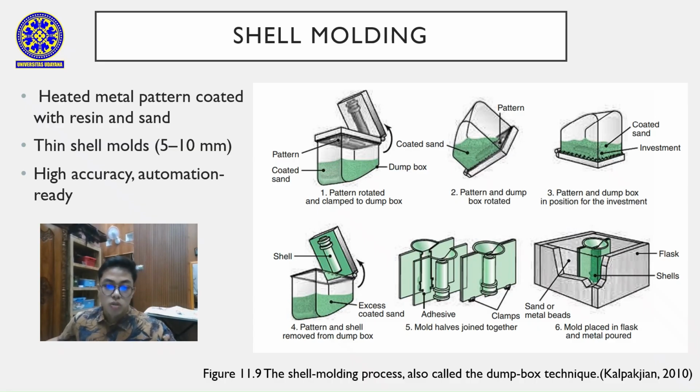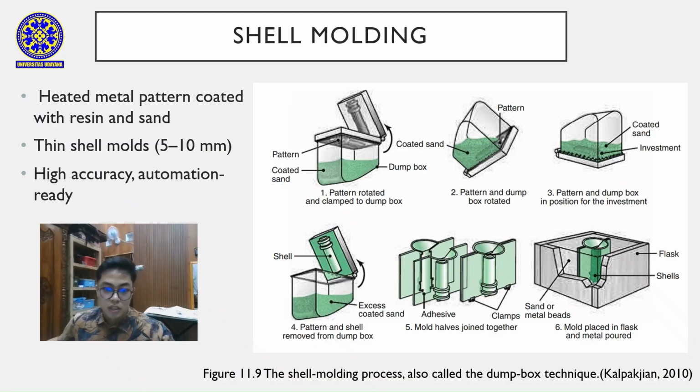This figure shows the shell molding process. First, a heated pattern is clamped to a dump box containing sand coated with thermosetting resin. The box is rotated, allowing the coated sand to cover the hot pattern. The pattern and sand form an investment which is cured, usually in an oven, to harden the resin, creating a shell.